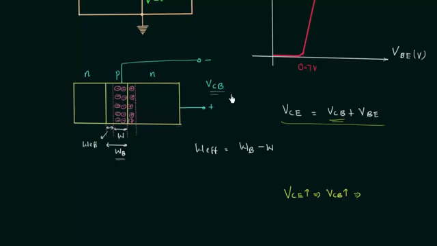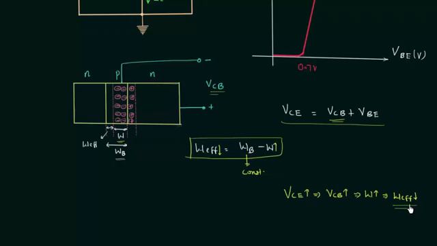When VCB increases, the width of depletion layer will also increase and there will be more penetration in base region because it is lightly doped, and W will increase. And from here you can see when W increases, W effective will decrease because WB is constant, it is metallurgical width of base, so W effective will decrease. So this is what happens in case of early effect. This is what we call as base width modulation.